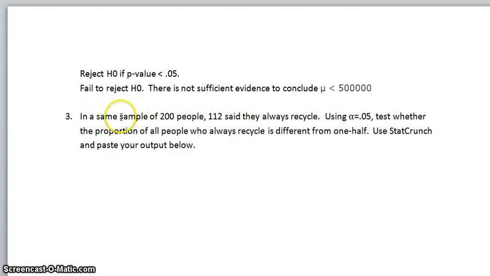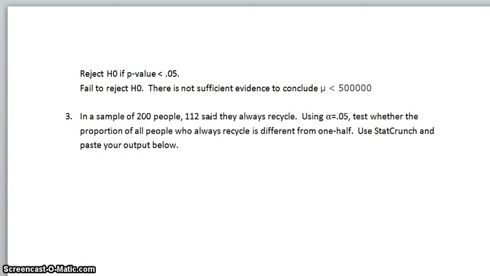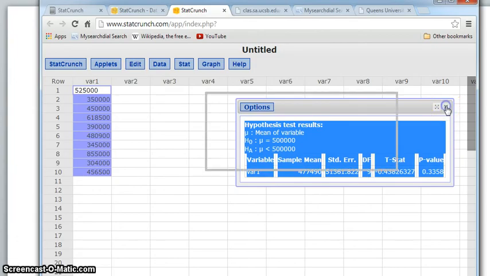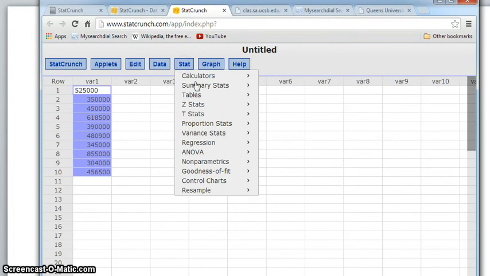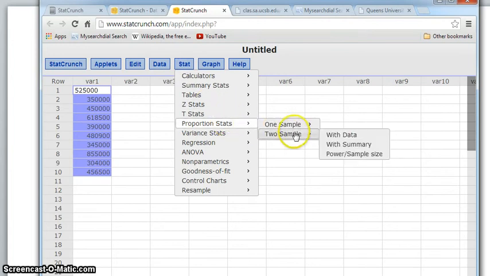Okay, so I apparently made a typo here. In a sample of 200 people, 112 said they always recycle. We want to test for the proportion this time, whether the proportion is different from 1/2. So this one is a test for the proportion. So proportion stats.